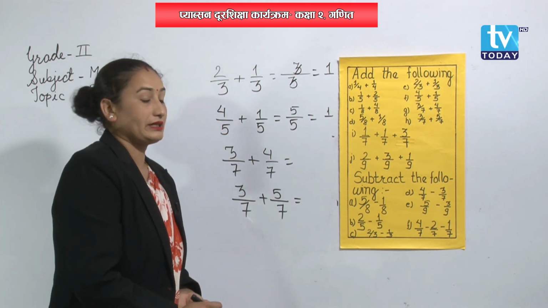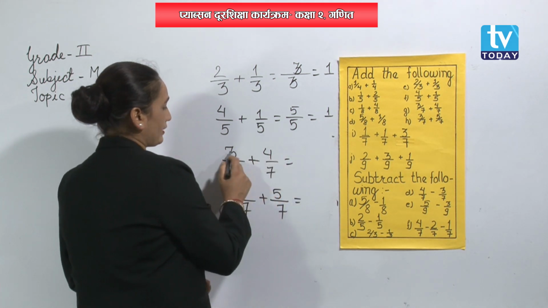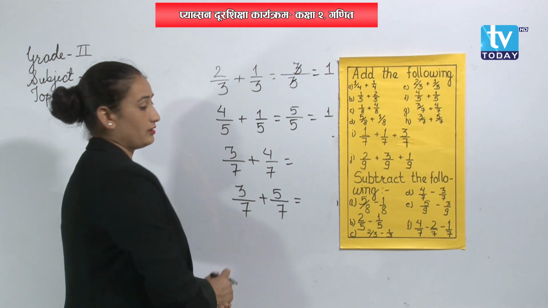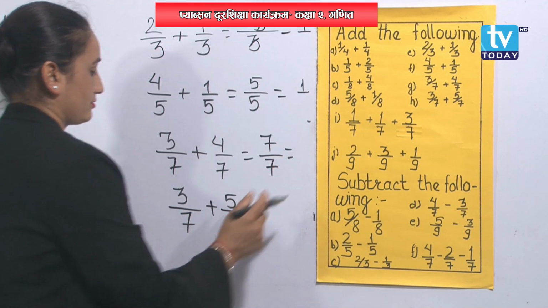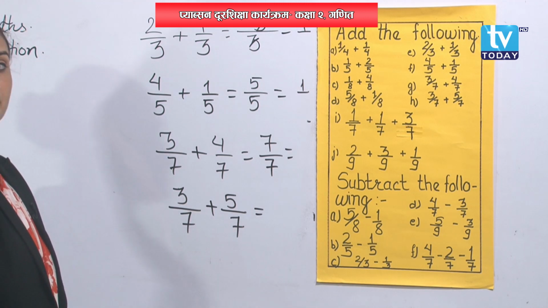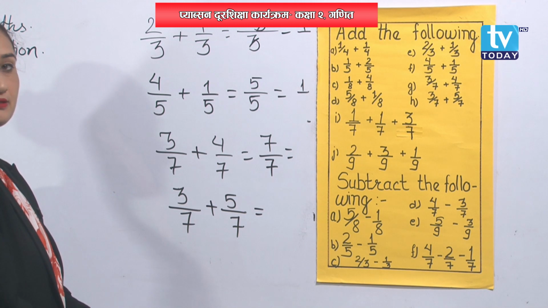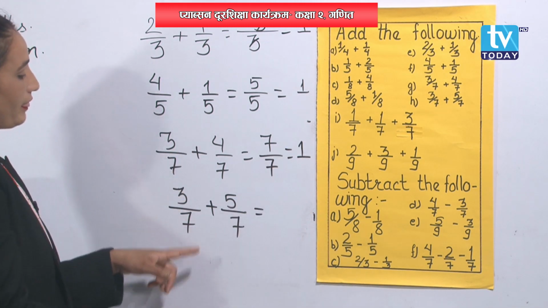Okay, same like here, 3 plus 4, then what will be the answer? 7 by 7. That means, what will be the answer? It's also 1.